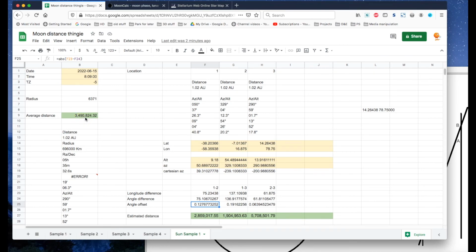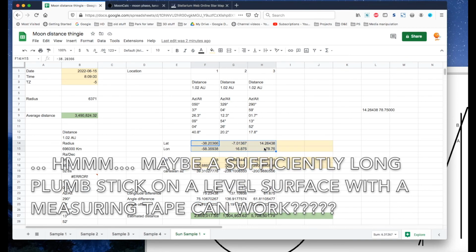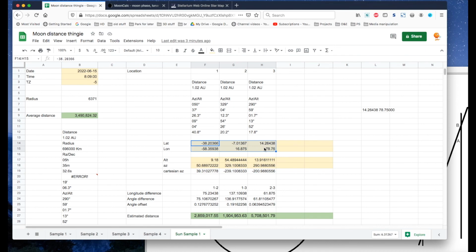It's not 3.4 million, but this process does show that if we can get accurate readings with the technology that we have, this is yet another confirmation that we live on a spherical Earth and that the sun and the moon are very far away from us. So I thought you would find that interesting.